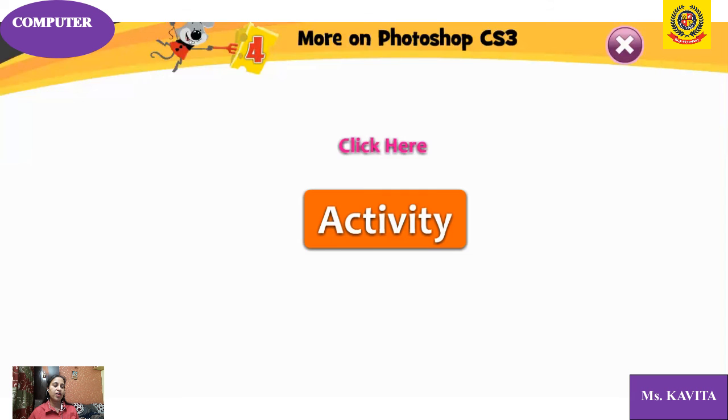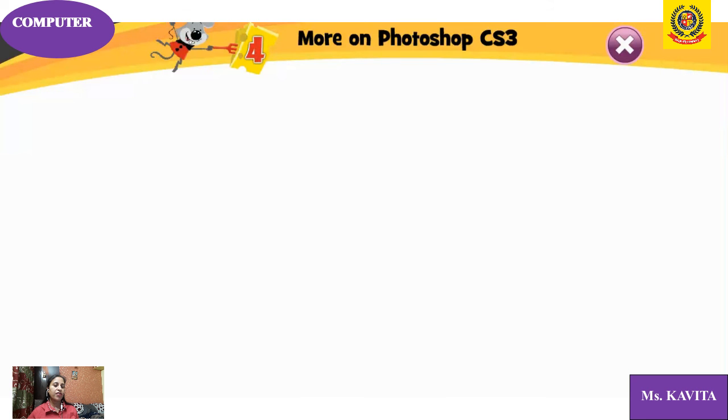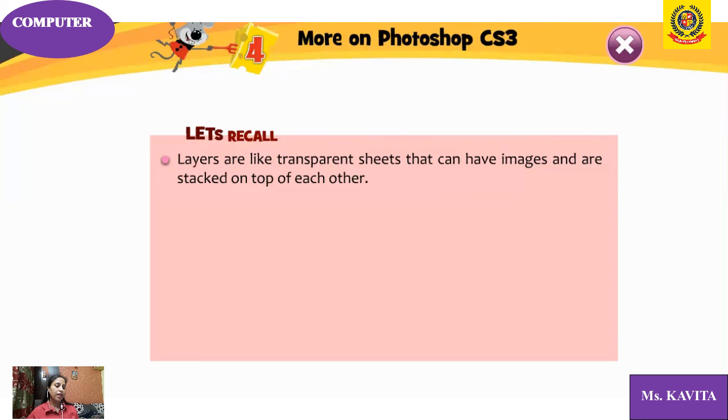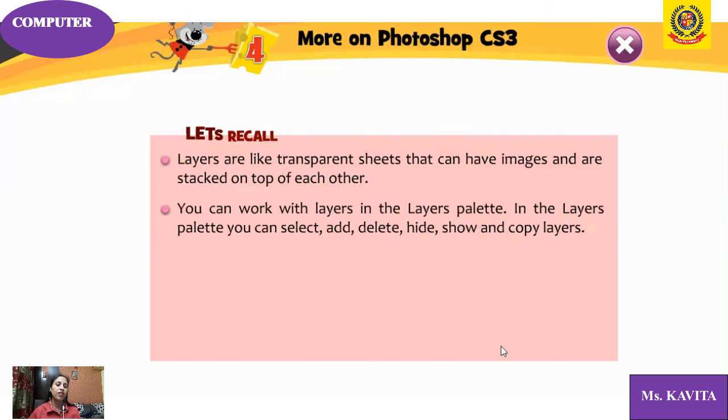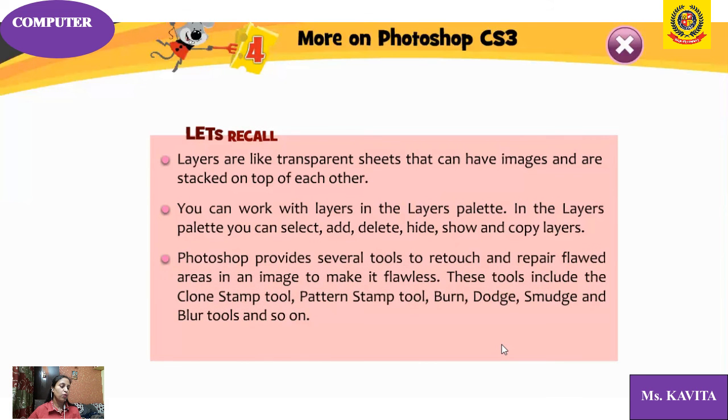Now let's recall. Layers are like transparent sheets that have images and are stacked on top of each other. You can work with layers in the Layers palette. In the Layers palette you can select, add, delete, hide and show, and copy layers. Photoshop provides tools to retouch and repair flawed areas in an image to make it flawless.